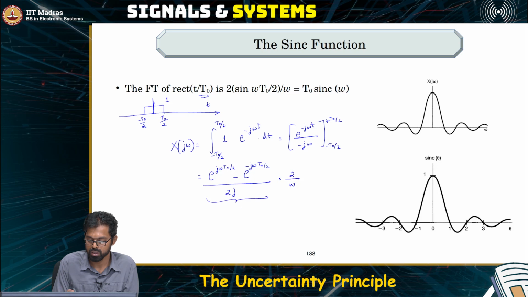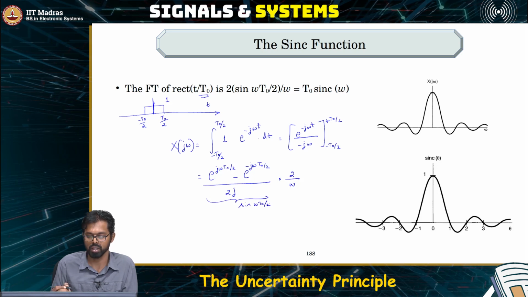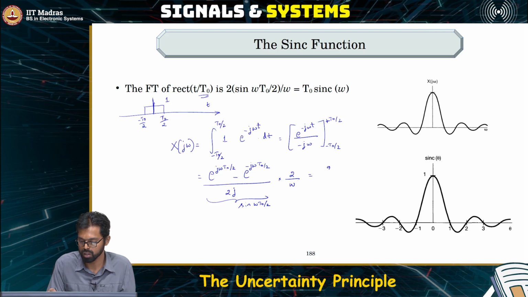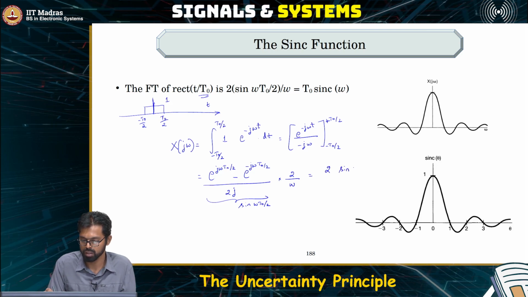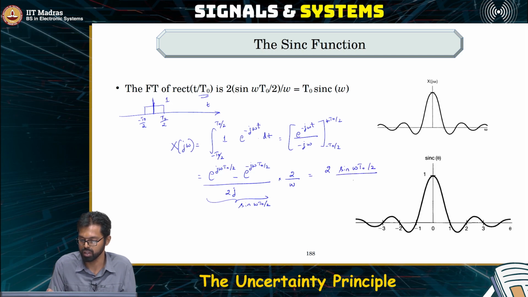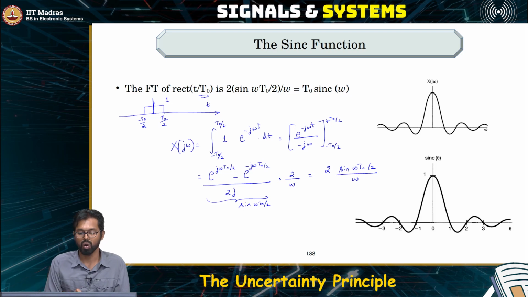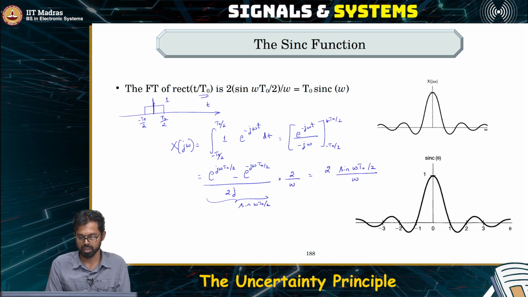So what is this? This is sine omega t naught by 2. This gives us 2 sine omega t naught by 2 divided by omega. So now this is the Fourier transform of this rectangular function.